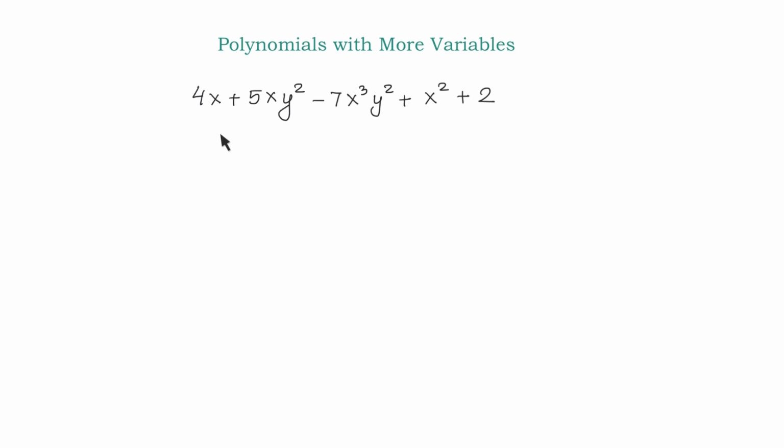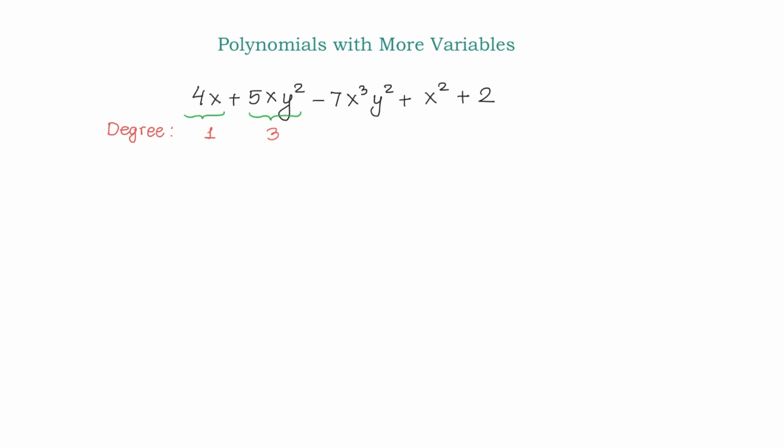The first term has only the variable x with the exponent 1. Therefore, the degree of this term is 1. In the second term, x has exponent 1 and y has exponent 2. 1 plus 2 equals 3. So the degree of this term is 3.